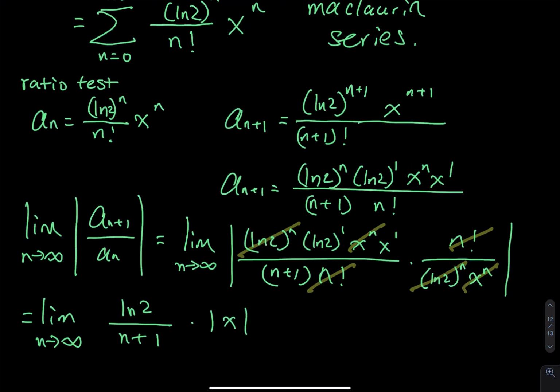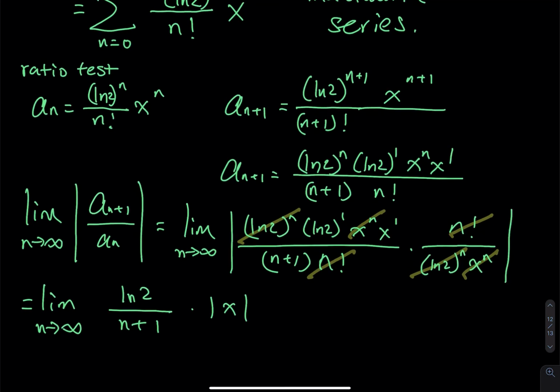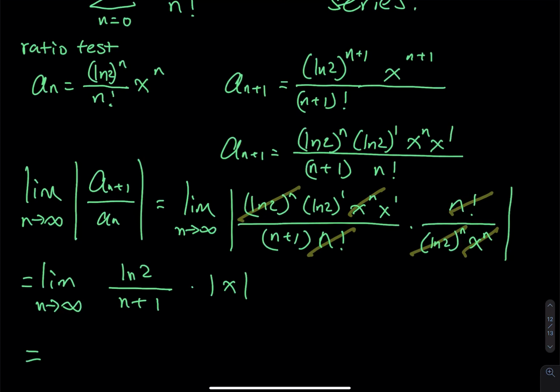So since ln2 is always positive, and n plus 1 is always positive, because n goes from 0 to infinity, right? So when n is equal to 0, we have a positive, then we don't need to put the absolute value on ln2 divided by n plus 1. Okay, what happens when n approaches infinity?